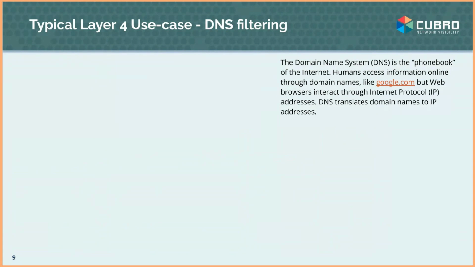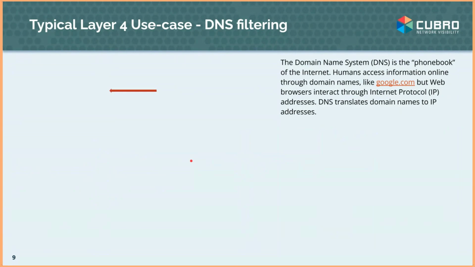Sometimes people want to see the DNS communication because they need it for some security tools or for some performance verification, like how fast is the answer of the DNS server, and so on. So if you want to check DNS, there should be a way to take the DNS traffic. How can we do that with a layer 4 packet broker?